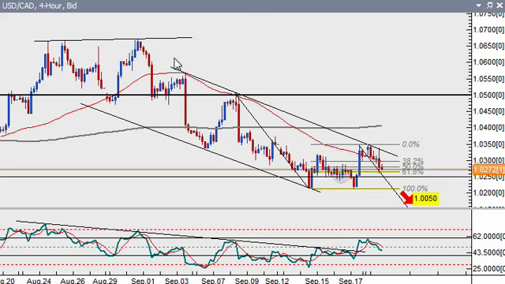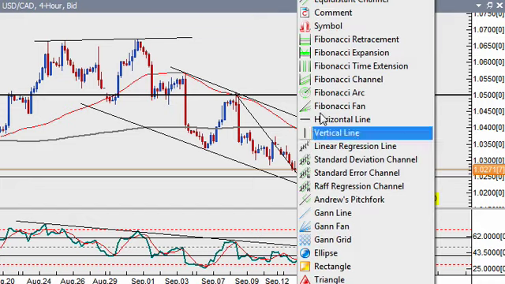The throwback came as it tested this resistance, declining channel resistance at 1.0350, and is actually targeted towards 1.0050, as there is a negative reversal.